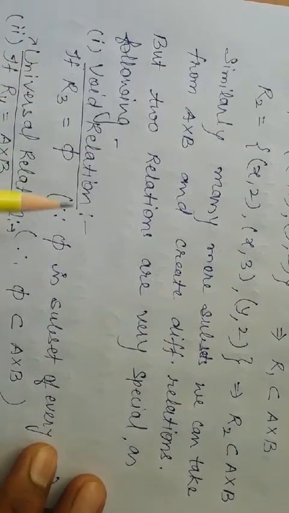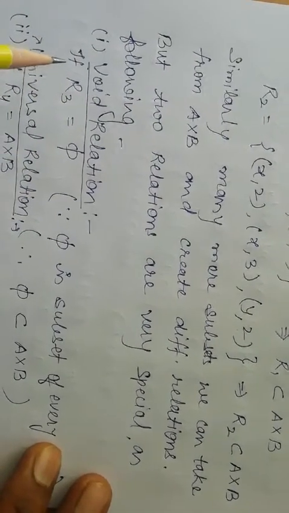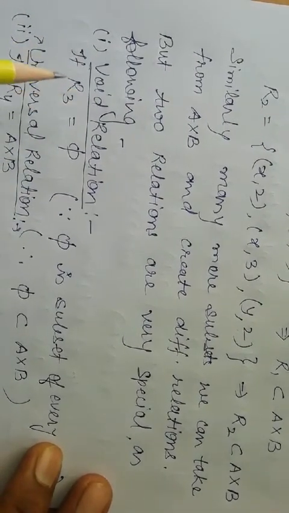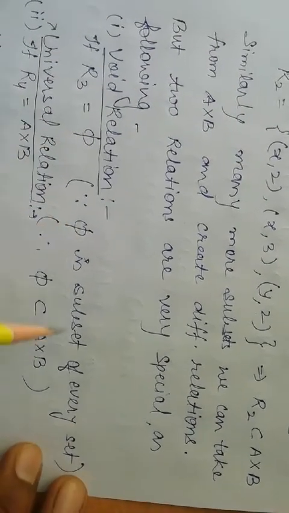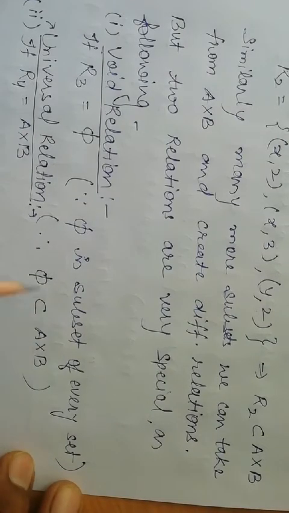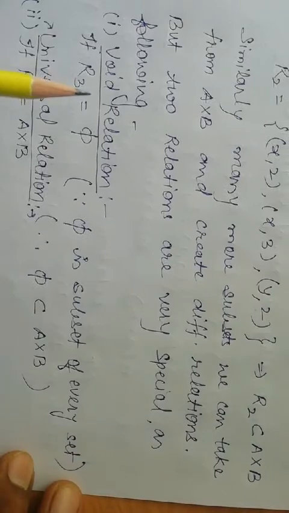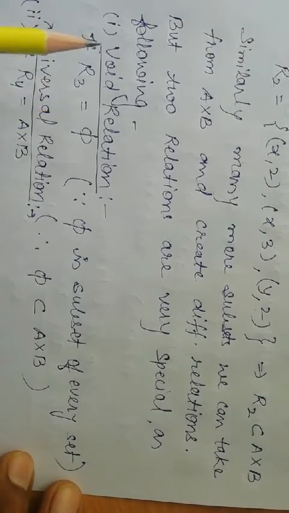First, the void relation. In the void relation, if I consider a new relation, the third relation, equal to phi, it means there is no ordered pair in this relation. And we know that phi is always a subset of every set. Therefore, phi is a subset of A cross B also. So this is also one kind of relation, and its name is the void relation.